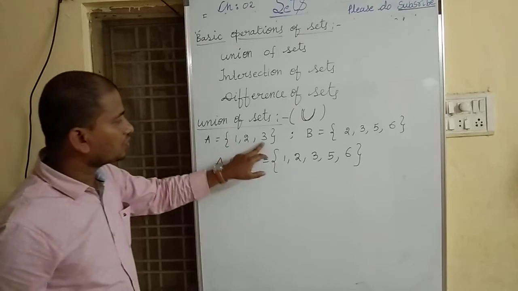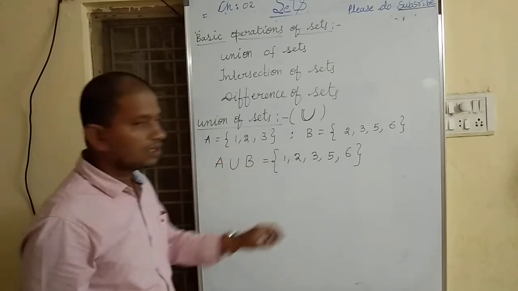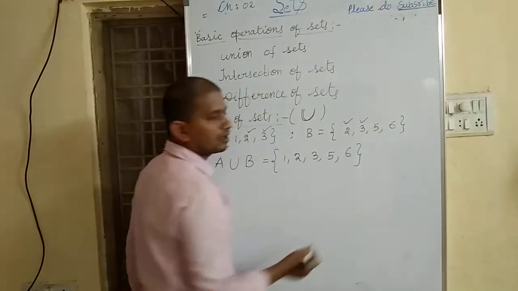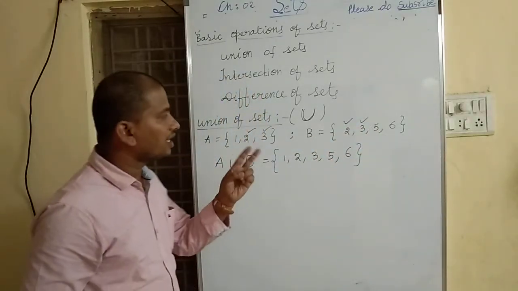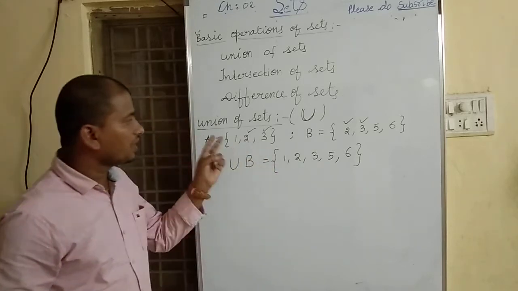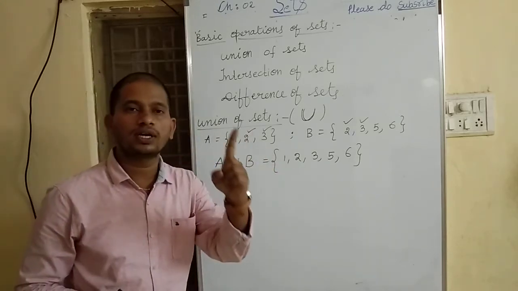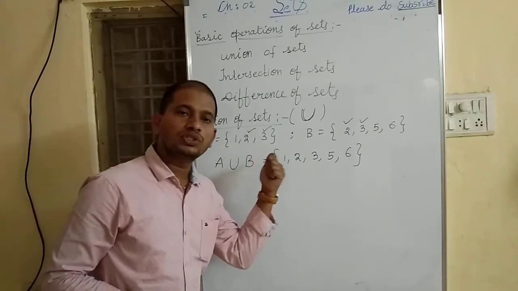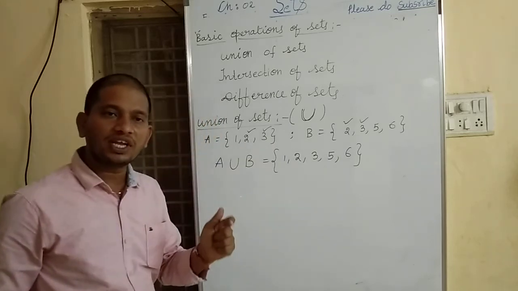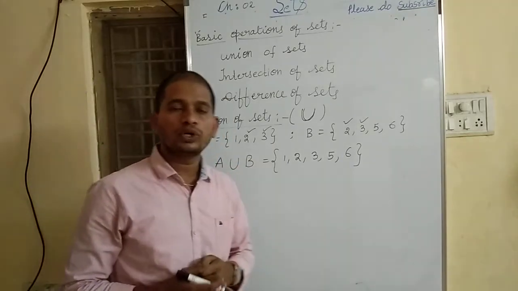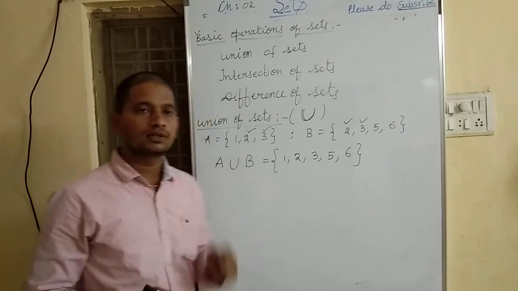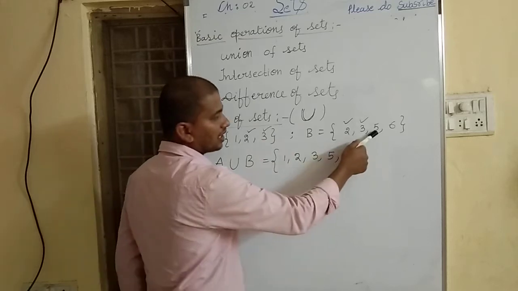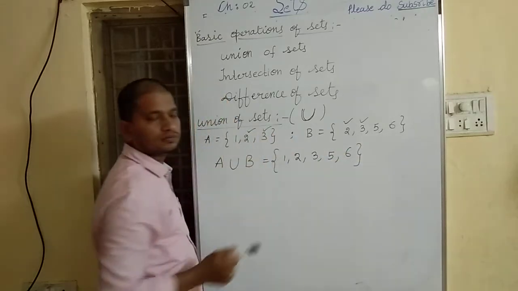Here elements 2 and 3 are there in set A and set B. If the elements are repeating 2 times, we need to write only 1 time. So we have to write all the elements of both set A and set B, but if any element is repeating 2 times, we have to write only once. That is why I wrote 2 and 3 only once. The remaining elements are 5 and 6.